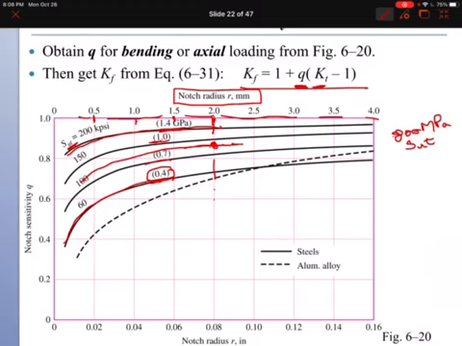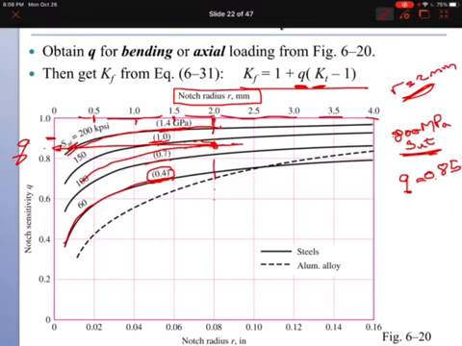So for R of 2 millimeter and ultimate strength 800 megapascal, we can read Q. This is 0.8 and this is 1, here we have 0.9, so it's 0.85. This is just a rough example of how you find notch sensitivity from this curve.